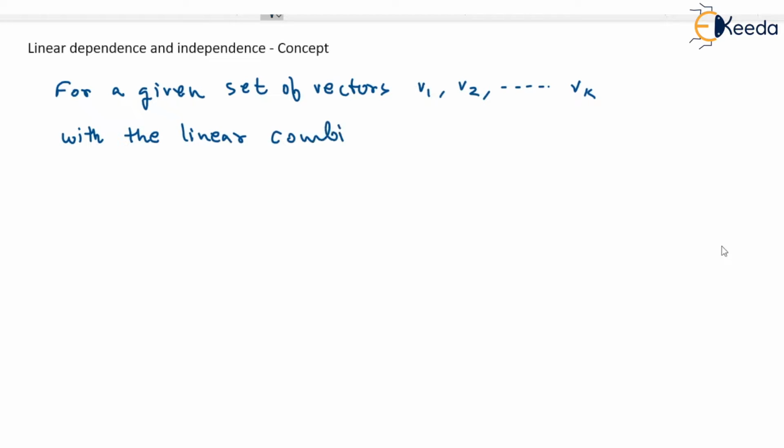So let's say for a given set of vectors v1, v2 up to vk, with the linear combination c1 v1 plus c2 v2 and so on up to ck vk is equal to 0.